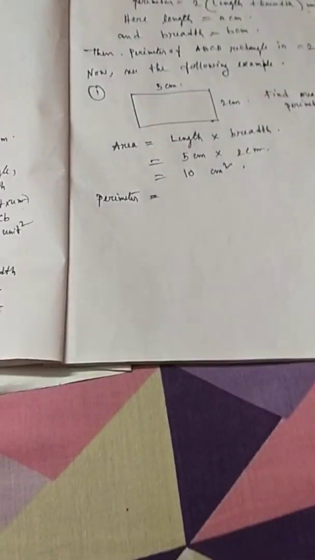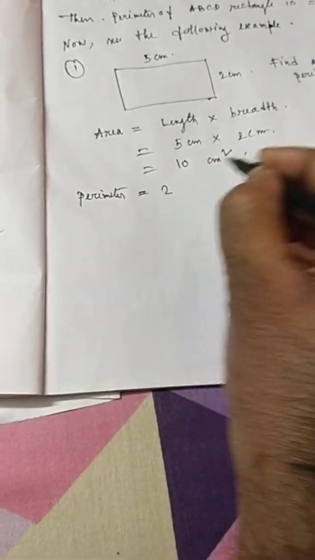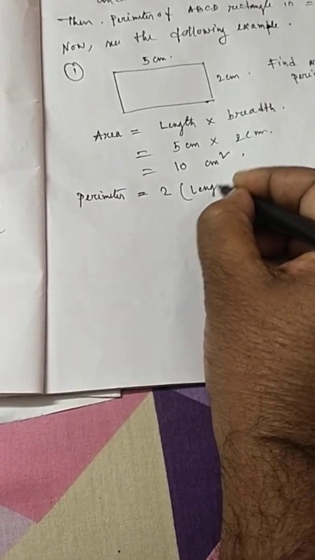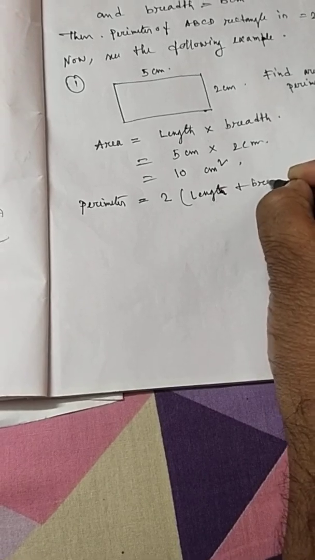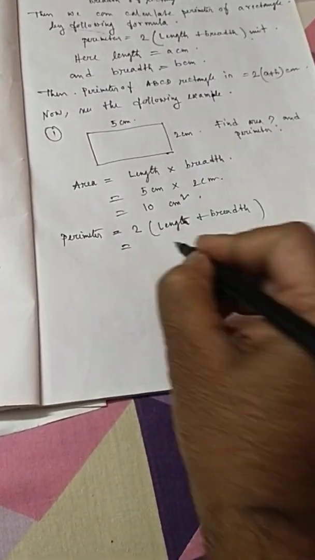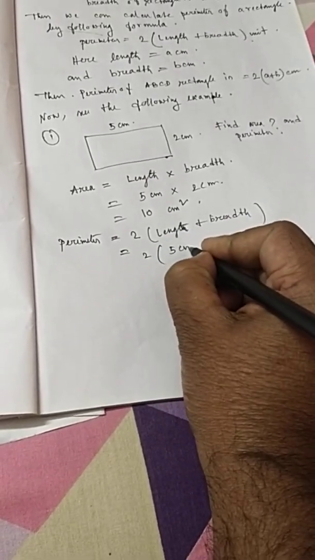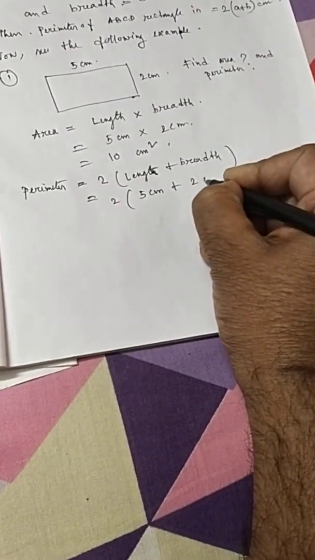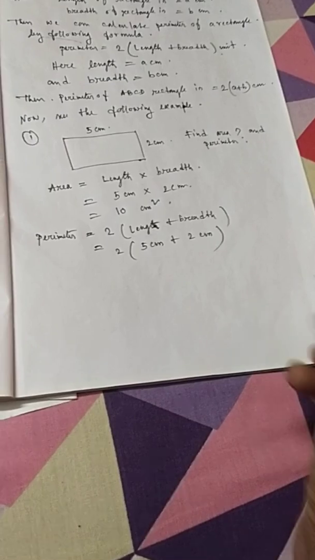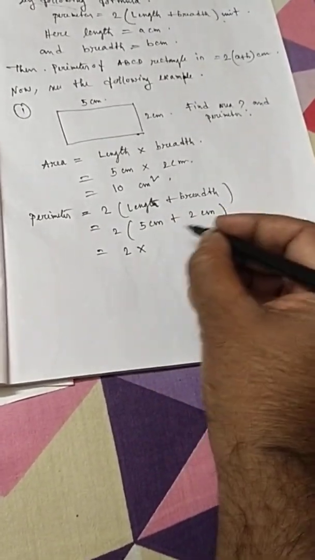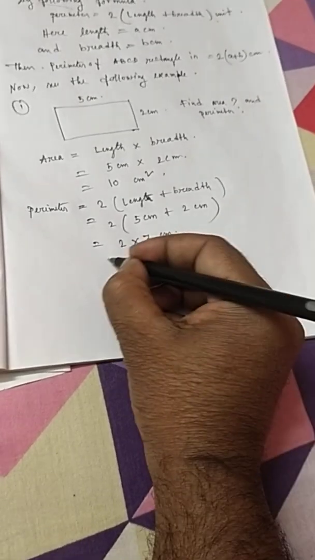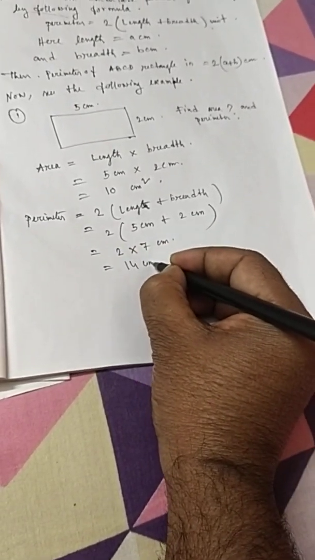We know the formula of a perimeter. Perimeter equals to 2 into length plus breadth. Here length is 5 centimeter and breadth is 2 centimeter. Then perimeter is 2 into 5 plus 2, 7 centimeter, equal to 14 centimeter.